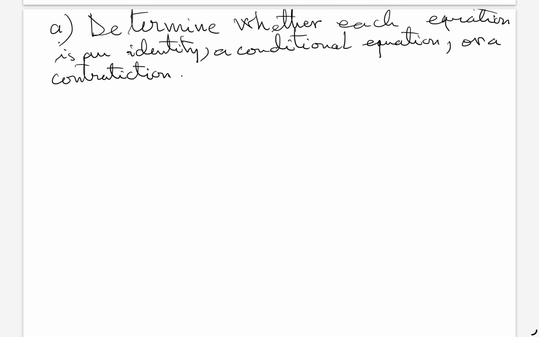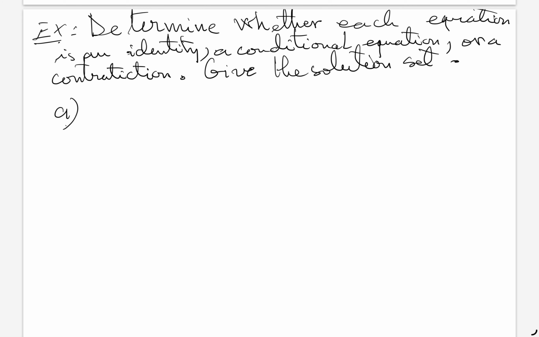And then give the solution set. Okay, let's do some examples here. Here is the exercise.